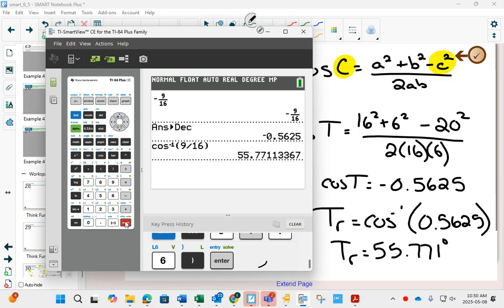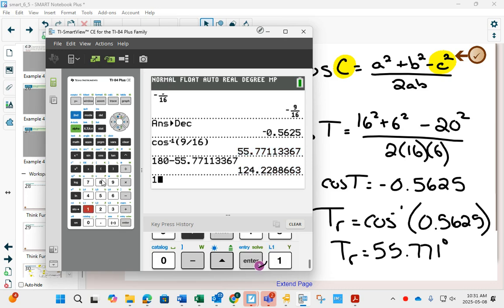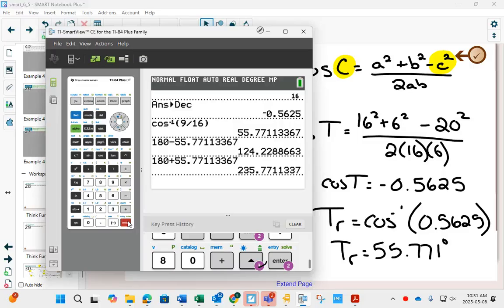55.771 degrees. In quadrant 2, it would be 180 minus this answer. In quadrant 3, it would have been 180 plus this answer. I'm going to write them both down for T. 124.229 and 235.771.